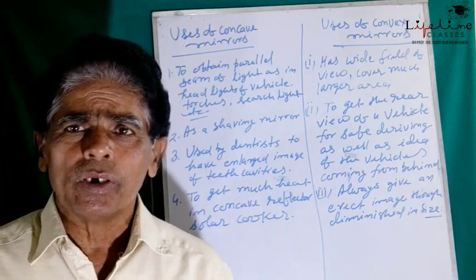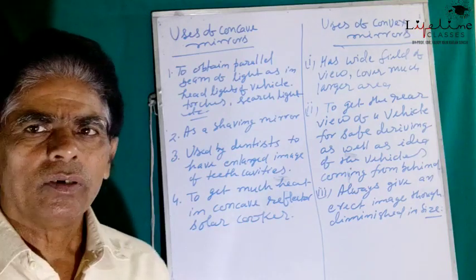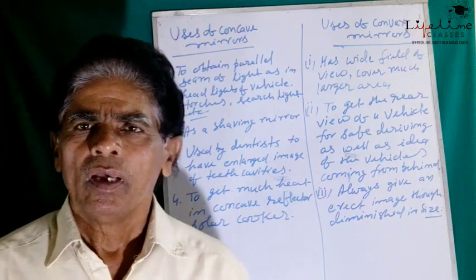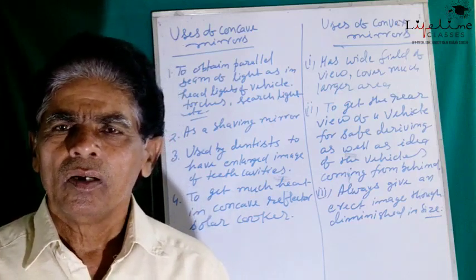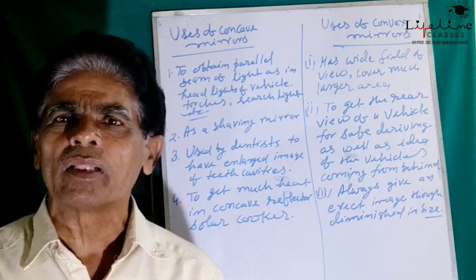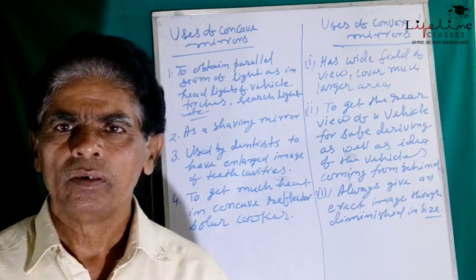So it is used to have a safe driving and good idea about the object. But one thing is here, the size of the image is always smaller than the size of the object.